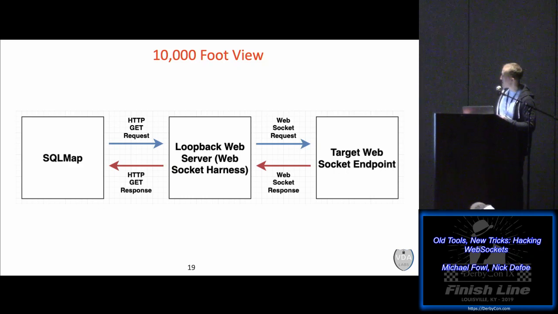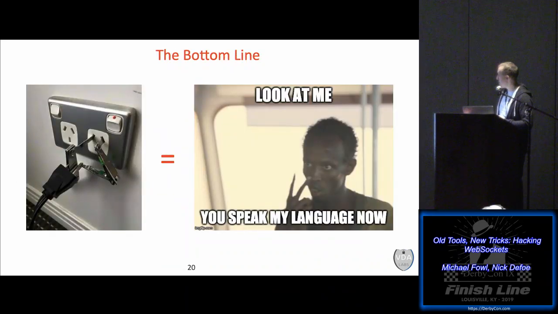It will then get the response back to the loopback server, which will pass it back to SQLMap. There are some things we need to think through, like multi-threading, because if you're using Burp ActiveScan, it wants to hit it with 10 threads and whatever. So we definitely tooled our tool to accommodate all of these tools, or as much as we could. The bottom line is we're basically doing this for you. We're telling WebSockets, you're speaking our language now.